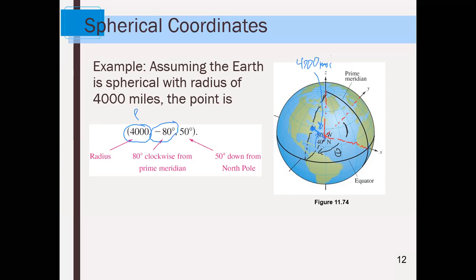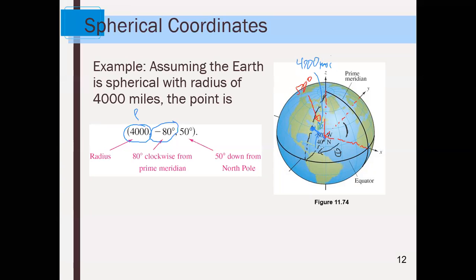So if we went 40 degrees up from the equator, how many degrees did we go down from the positive z-axis? 50 degrees. 50 plus 40 is 90, right? 90 degrees would have been from the North Pole all the way down to the equator. So that right there is 50 degrees.